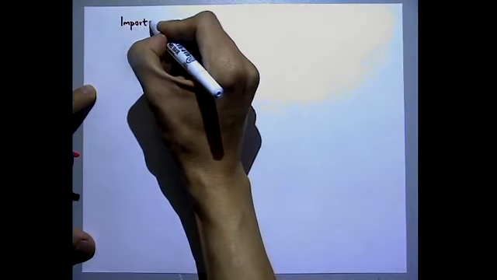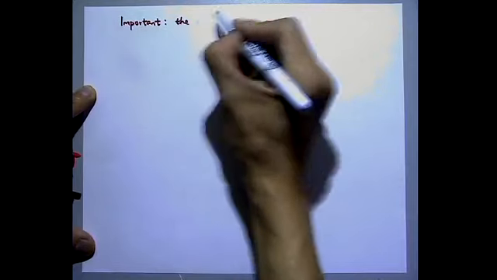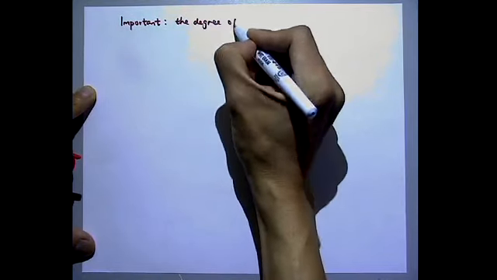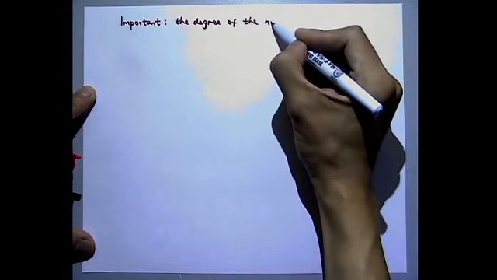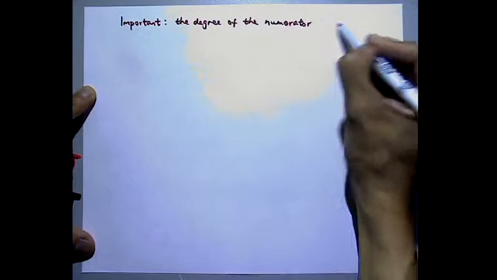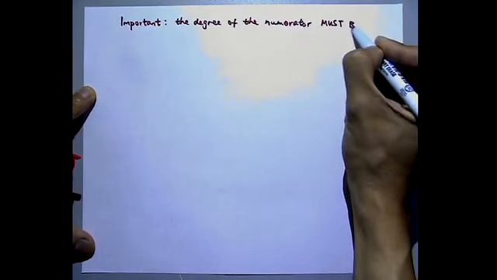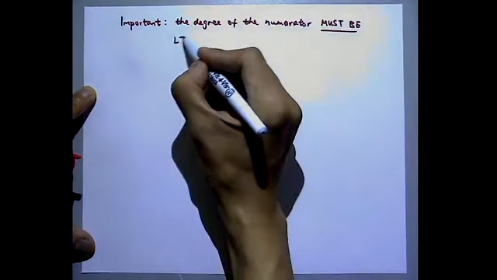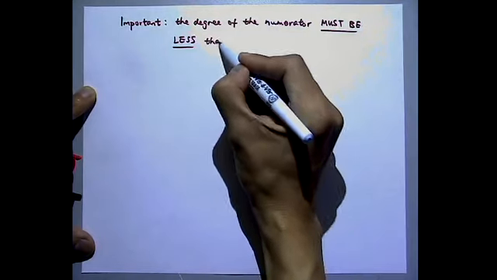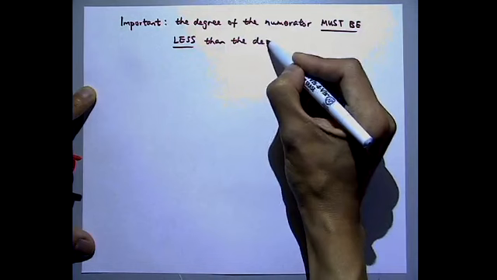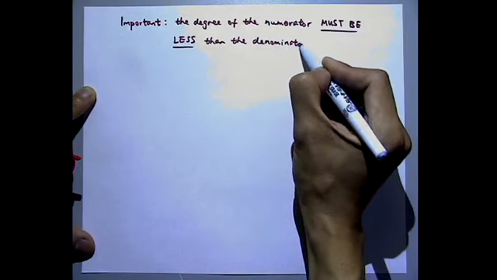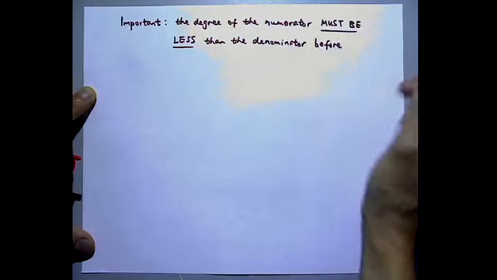Okay, the last thing I want to talk about today is a very important thing that you have to look out for before you jump into the partial fraction expansion. The degree of the numerator must be less than the denominator before the expansion.